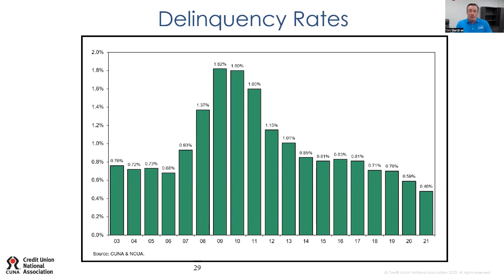Maybe it wasn't so much the types of loans at all. Maybe it was the fact that we got a new collections manager, or more collections people, and that helped bring the number down. Maybe we had a change in philosophy on the management team, and maybe that caused the numbers to go up or go down.